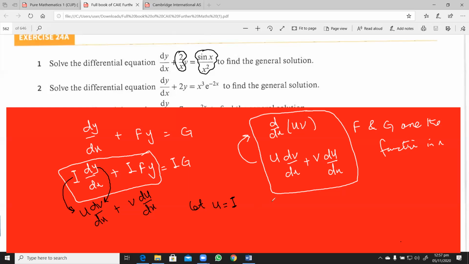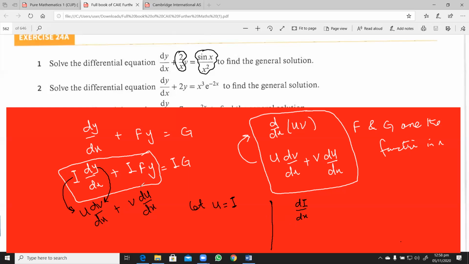This is a very sensitive and fragile concept being discussed over here. This du by dx, I'll write it as di by dx, and this v is basically your y.